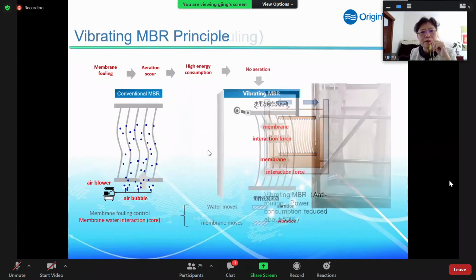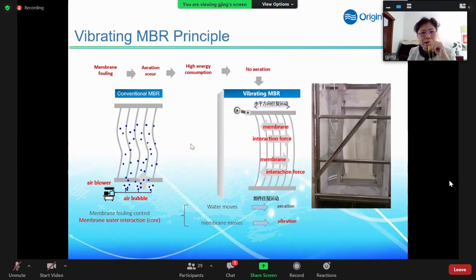Here's the working principle. In a conventional system, the membrane module is stationary, so we use air bubbling to remove particles or foulants from the membrane surface. If we use a vibrating membrane, we do not disturb the water; we don't need that high power to disturb the water.